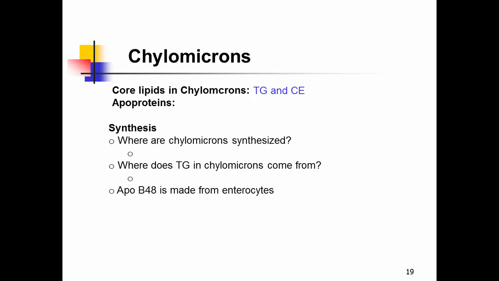And apoproteins, if you go back to the table that we showed before, what types of apoproteins are on the surface of chylomicron? ApoB 48, yes, and Apo C2, of course.